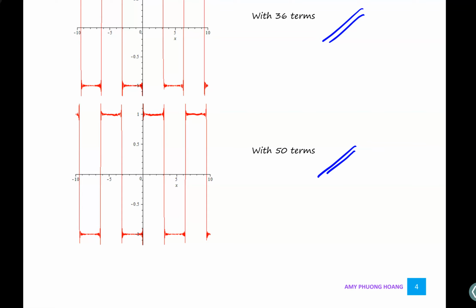The more terms we have, you see this line right here will turn into a straight line. In this case we are having a square wave, right?